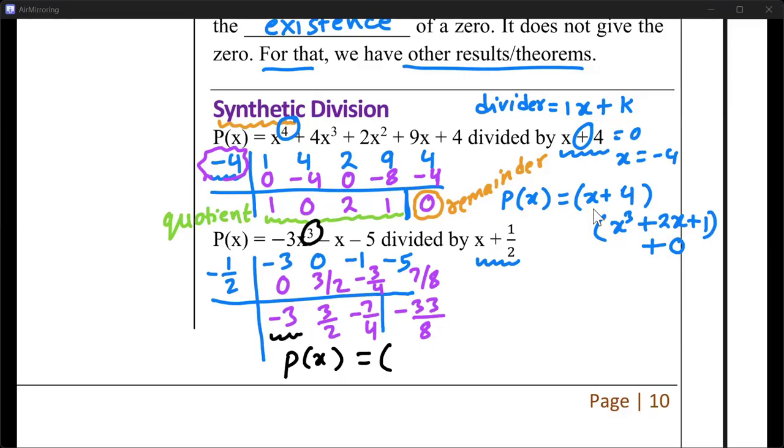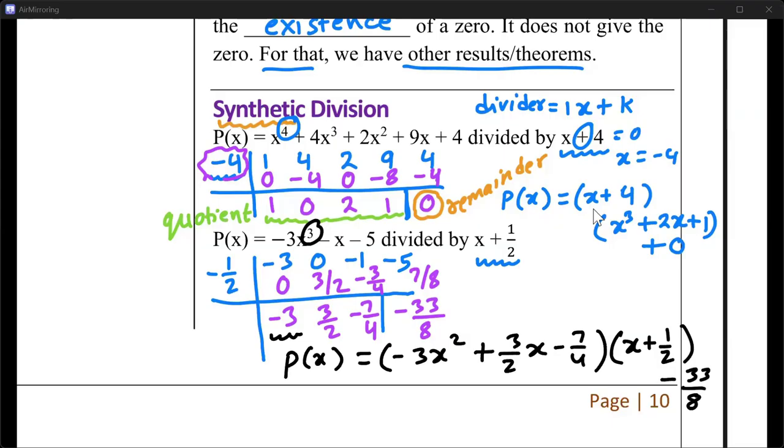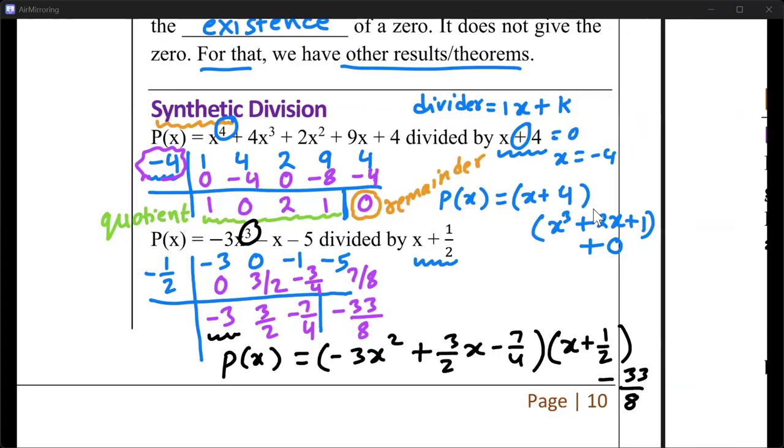So you start with x squared minus 3x squared plus 3 over 2x minus 7 over 4 is the quotient, times x plus half is your divisor, and remainder is minus 33 over 8. Okay. That is synthetic division.